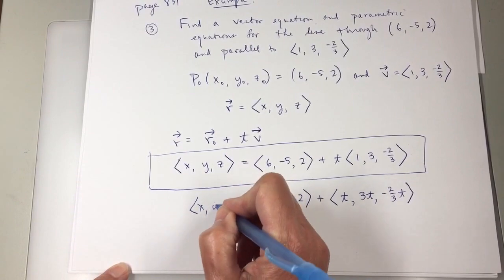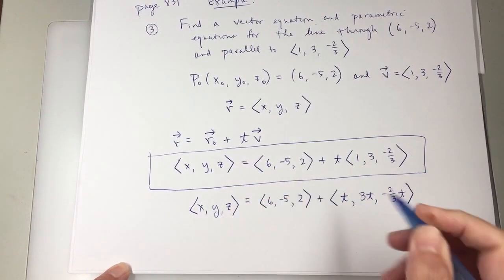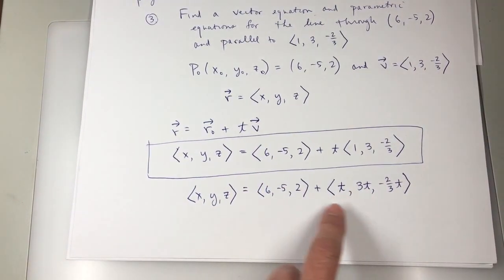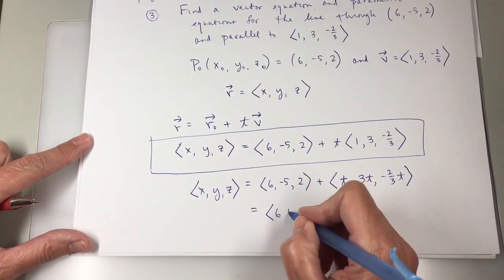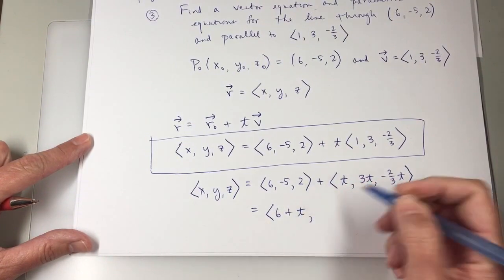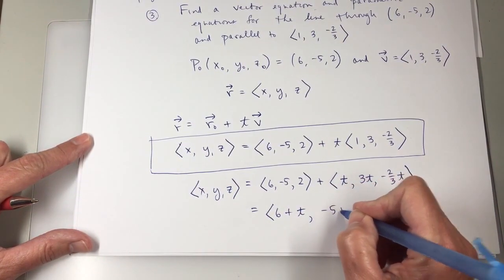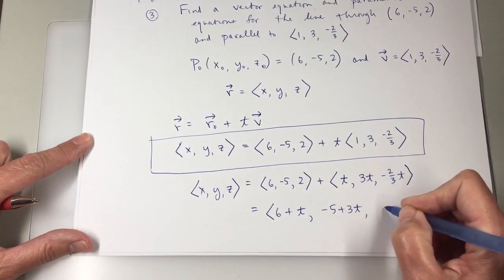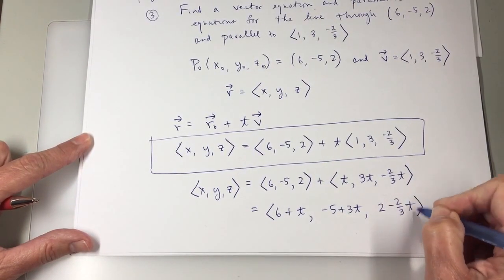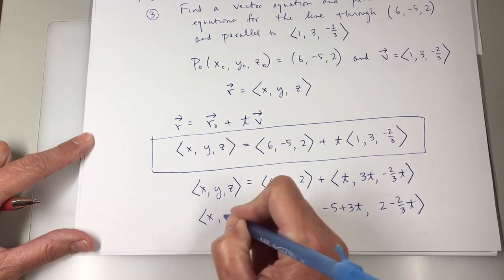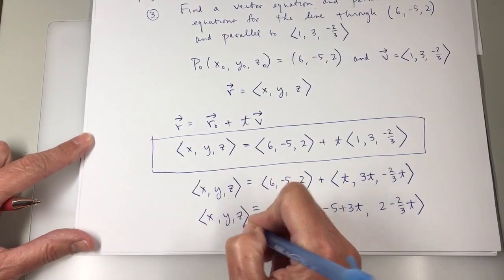And then I can add corresponding components. So this is 6 plus t, negative 5 plus 3t, and 2 minus 2/3 t. And that's equal to vector x, y, z.